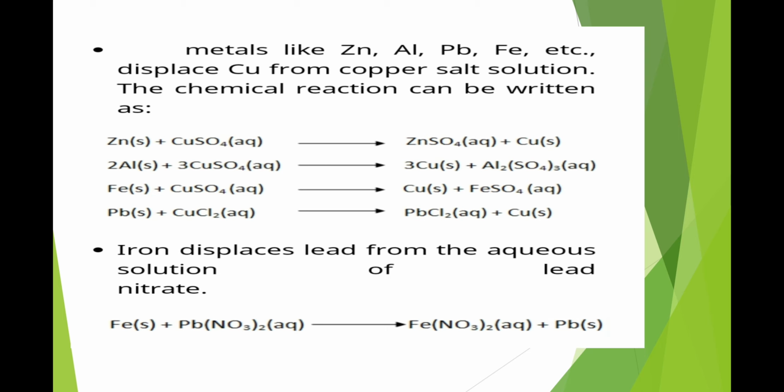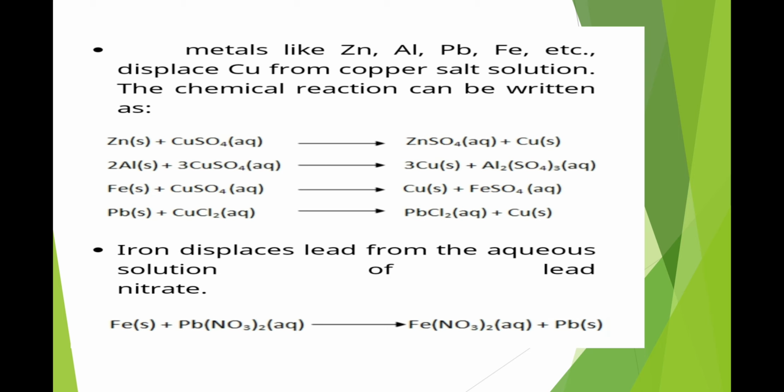The next reaction is regarding iron displacement. Iron displaces lead from the aqueous solution of lead nitrate. Here Pb(NO3) taken twice is the formula for lead nitrate.